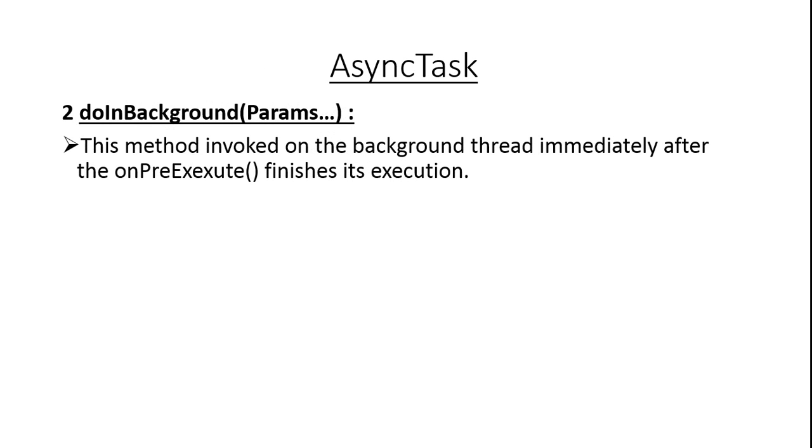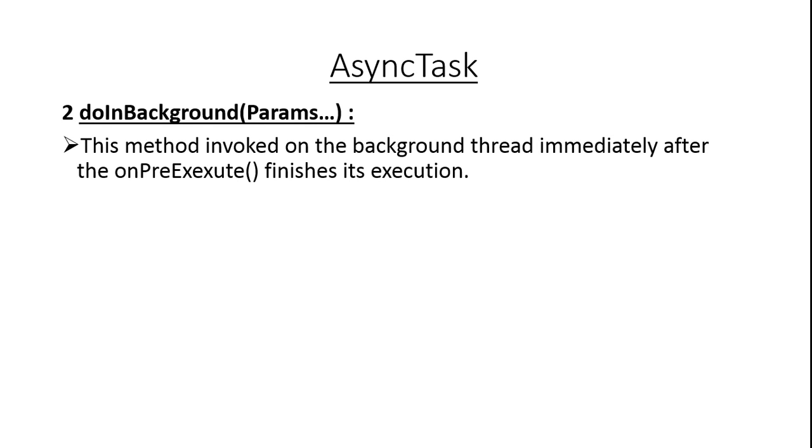And here is the second method, the doInBackground method. This method is invoked on the background thread immediately after onPreExecute finishes its execution. This is the only method that runs in the background thread. All other methods are executed within the UI thread.